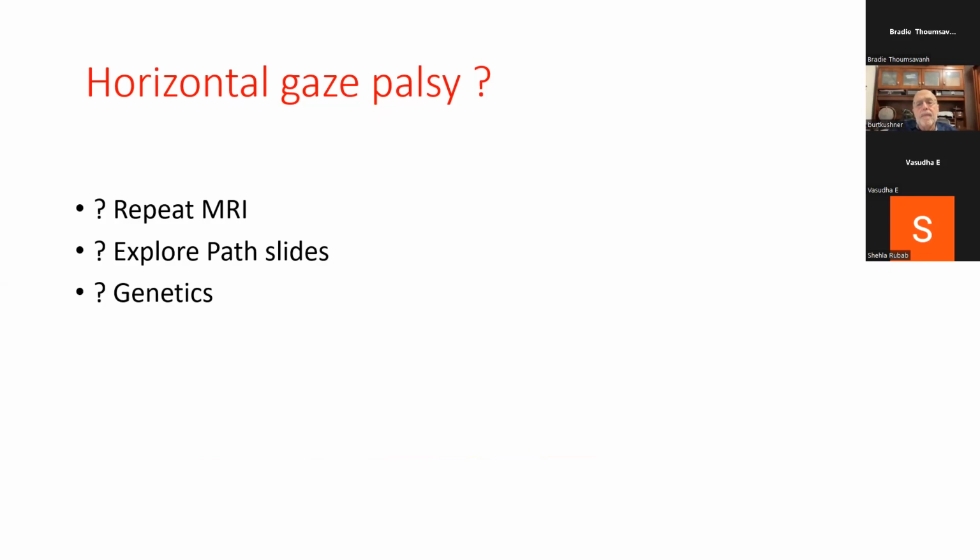So that evolved over time, and I had presented her at one of the conferences, and I met Dr. Engel from Boston. The family was very proactive, very good family. They gave consent, and then the blood was sent to Boston, and they did find the gene, but that was a different entity, which was horizontal gaze palsy with progressive scoliosis.